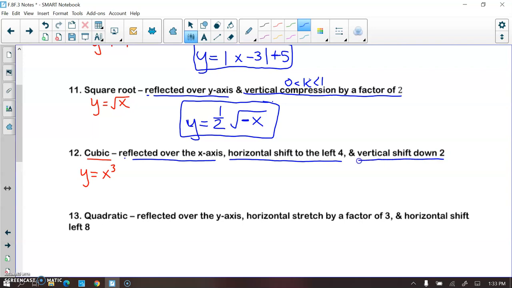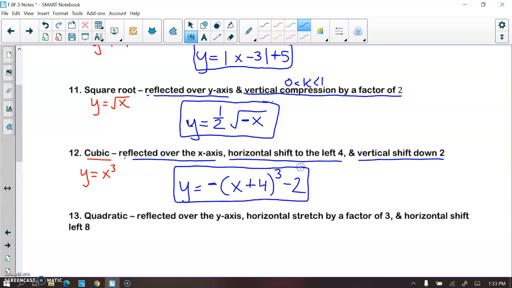And a vertical shift down 2 units will go on the outside. So I have y is equal to a negative, and then I draw parentheses x, and going to the left would be a +4 cubed, and then a vertical shift down would be a -2 on the outside. This is my correct function.